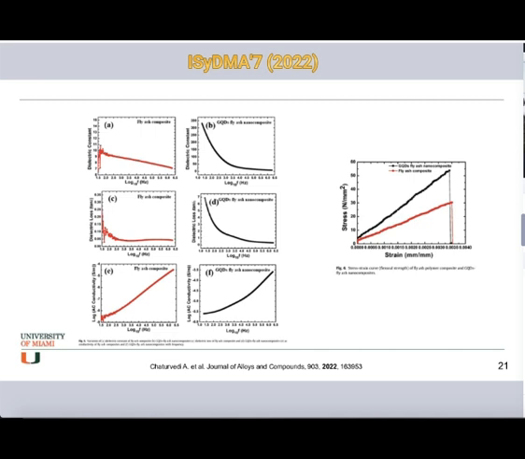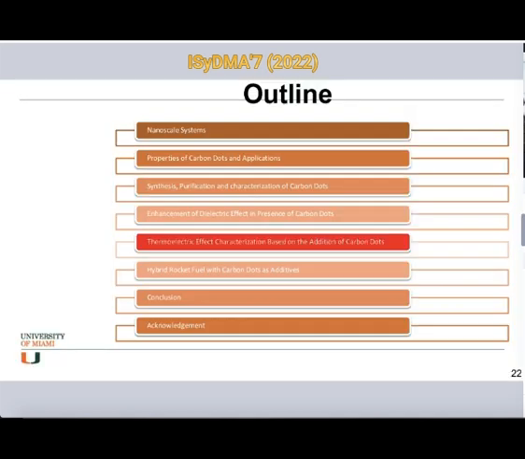And finally, this provides a method to increase the dielectric and mechanical properties of nanocomposites by addition of carbon dust, which is quite important.